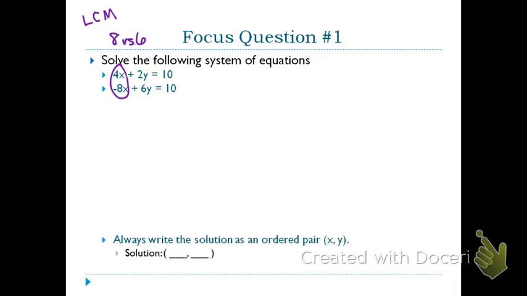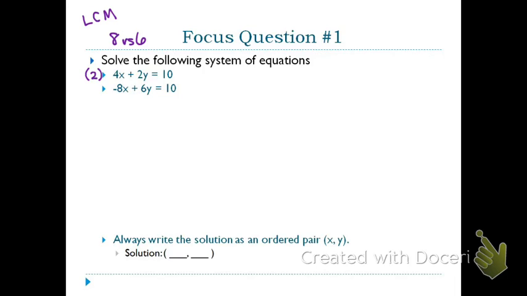Okay, but since we have x where one of your coefficients is already negative, it may be beneficial to take the top and just multiply that. So let's try eliminating x this round. And if you guys wanted to, we could go back and try eliminating y, because that's equally valuable.